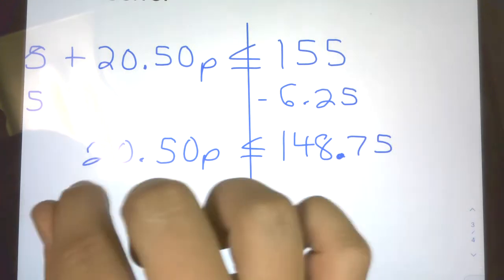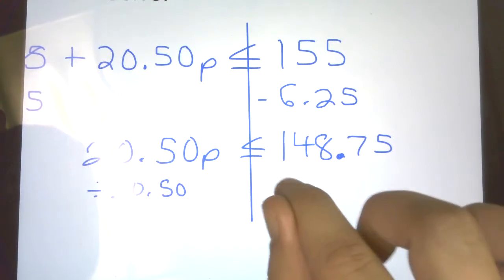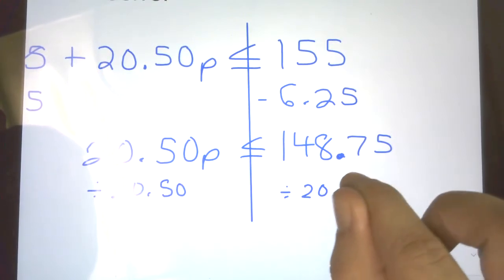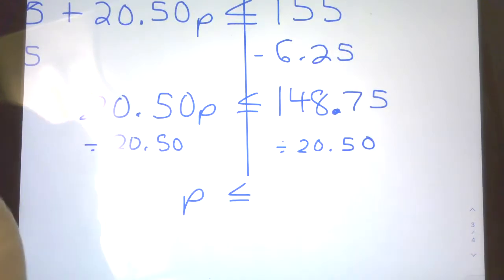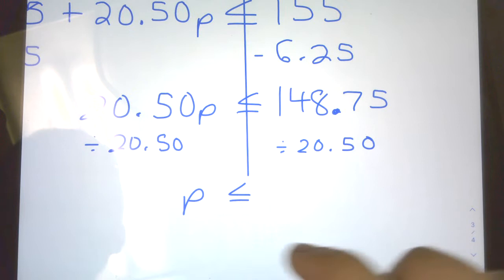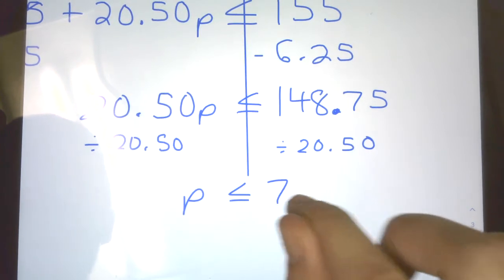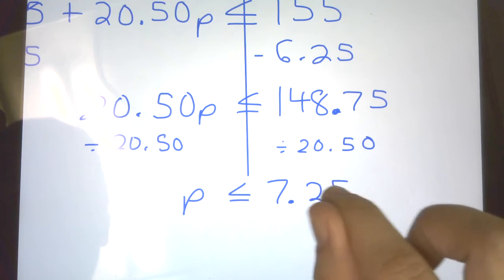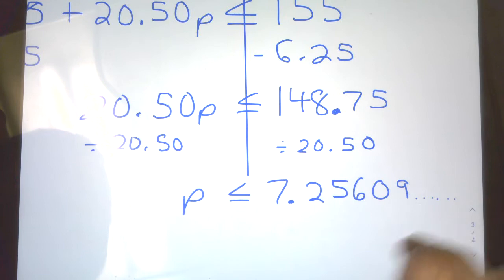And then I'm going to divide both sides by the $20.50 to get P is less than or equal to 148.75 divided by 20.50. Ooh, that's gross. So it's going to be 7.25609, on and on and on. Okay.